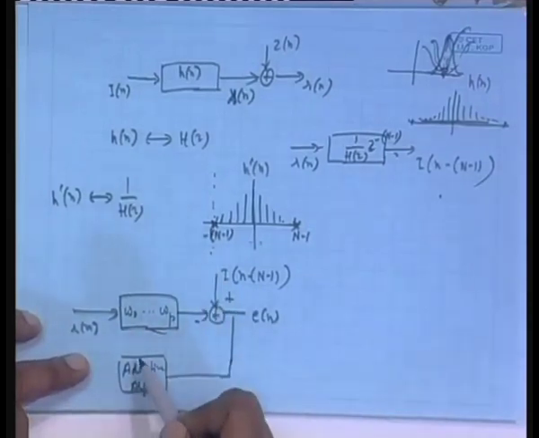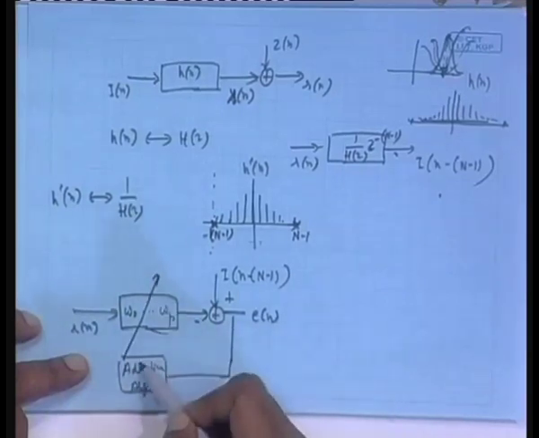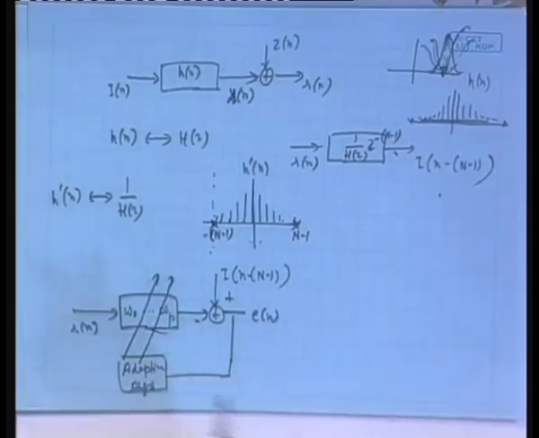And this adaptive algorithm, what will it generate? Suppose at a particular time index, say the nth point of time, you have some weights W0 to Wp. You use them to filter, get the output, measure the error, and take the error into the algorithm. This algorithm uses the error and, from the current value of the filter weights, generates a new set of filter weights.